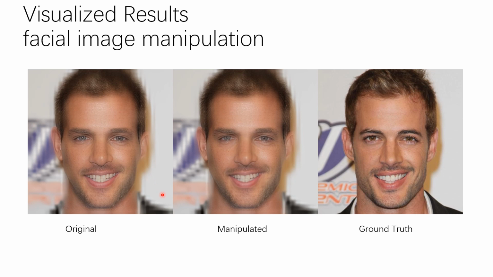There's no very obvious visual difference in these two pictures, but we can see that for the eye part, it's apparently a little thinner. And for the nose, it's also a little thinner, which is closer to the ground truth image, and makes the manipulated or repaired image closer to the ground truth image.